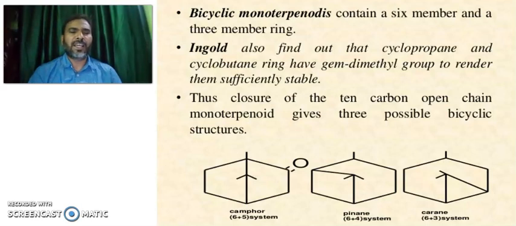You can see camphor, pinene and carene. So a 6 plus 5, 6 plus 4 system and 6 plus 3 system. You can see all 3 compounds contain gem dialkyl, gem dialkyl, gem dialkyl.